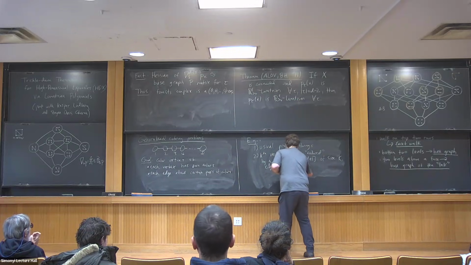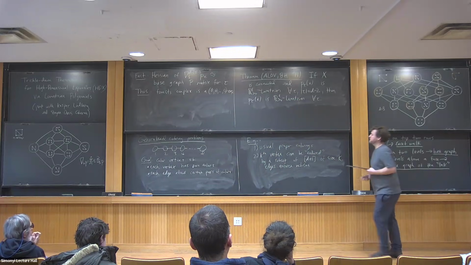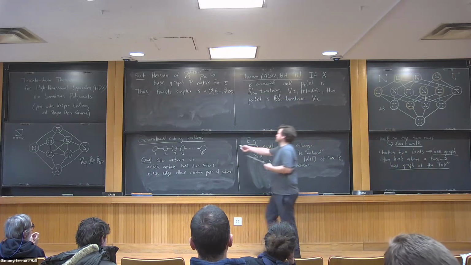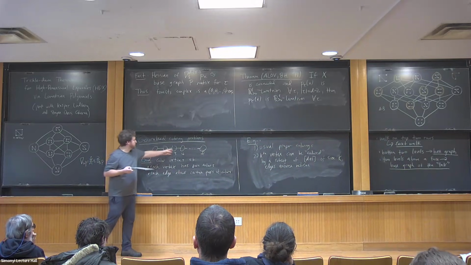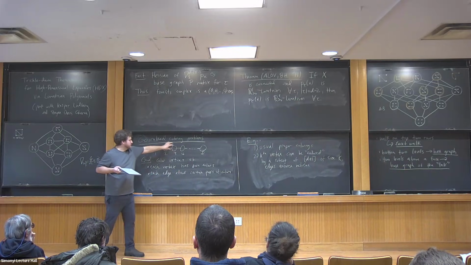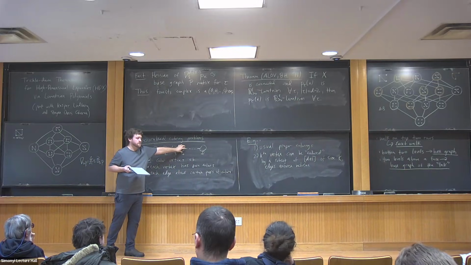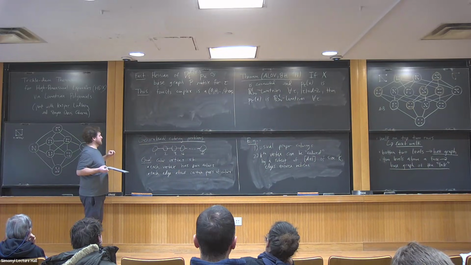They just enforce inclusion. To each of these vertices I can attach a set of size 1, 2, 3, and all that needs to happen is that this is a subset of this, which is a subset of this, which is a subset of this. So a directed constraint? Yeah.